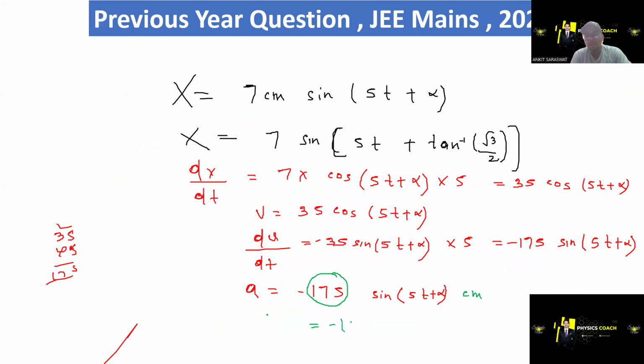If you convert, it will be minus 175 sin(5t plus alpha). We need to find the maximum acceleration, so let the sine be. You can write centimeter as 10 to the power minus 2 meter like this. 175 is the amplitude in centimeter. So it will be minus 175 multiplied by 10 to the power minus 2.